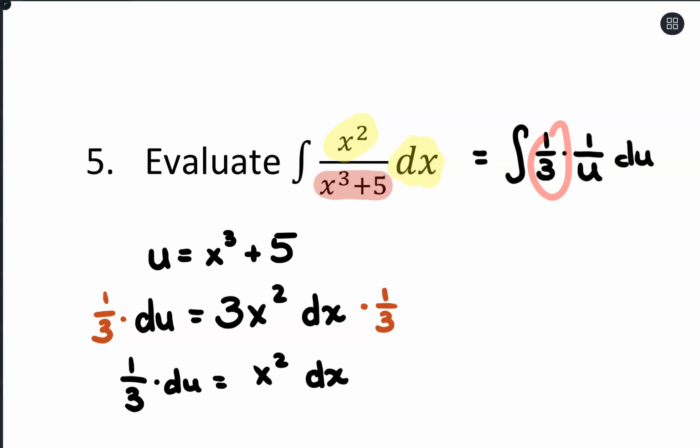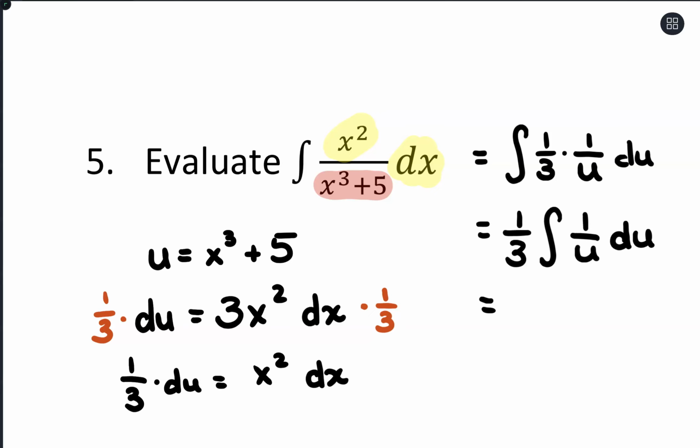The 1/3 du is coming from du down here, that x squared dx. And then because the x cubed plus 5 was in the denominator, it needs to stay in the denominator. So that's where I'm getting this 1 over u. So what I'm going to do here is have 1/3 times the antiderivative of 1 over u du. Now the antiderivative of 1 over u is the natural log of the absolute value.